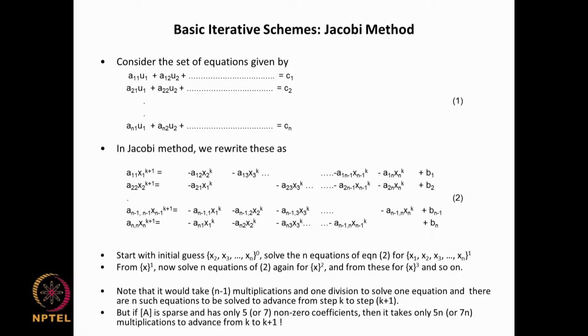But if the same set of equations is such that A is coming from the usually discretized CFD type of equation, then we have to do only 70,000 arithmetic operations, not 10 to the power 8, which is 100 million. So that is a kind of advantage that we get when you are dealing with sparse matrix, and a sparse matrix advantage is exploited by the Jacobi method.